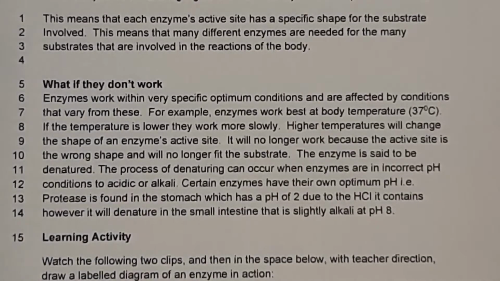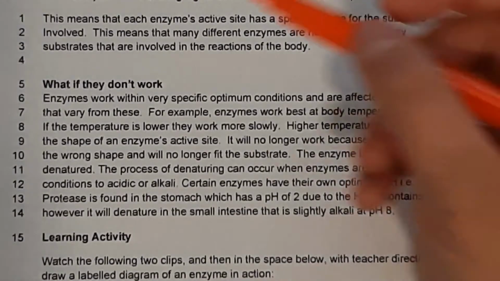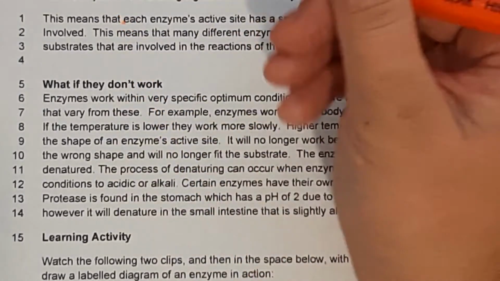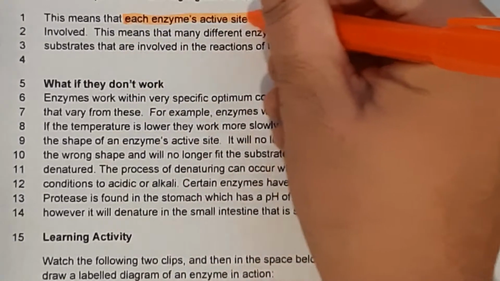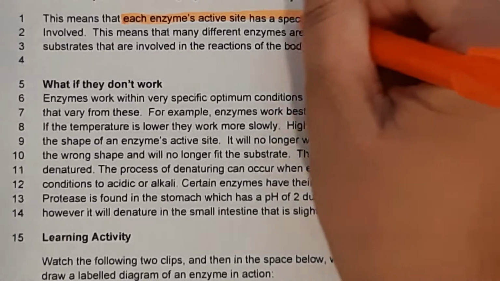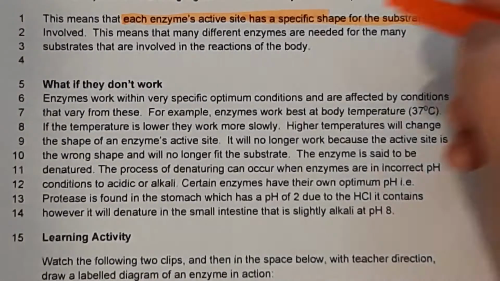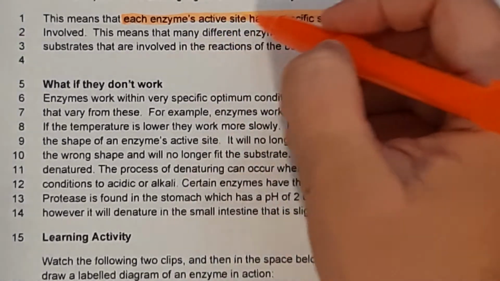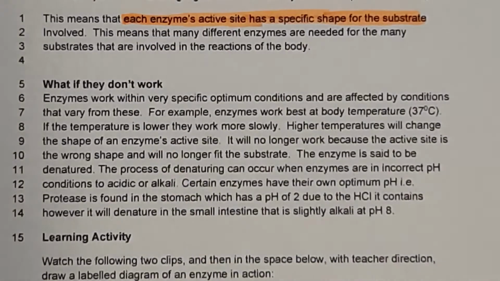So because they're specific, these enzymes, it means that each enzyme's active site has a specific shape for the substrate involved. Okay, so each kind of molecule that needs to be broken down into smaller pieces by the enzymes, they have their own specific enzyme to do that.